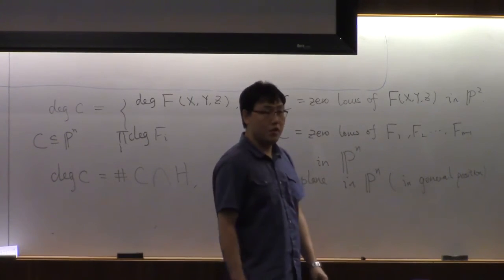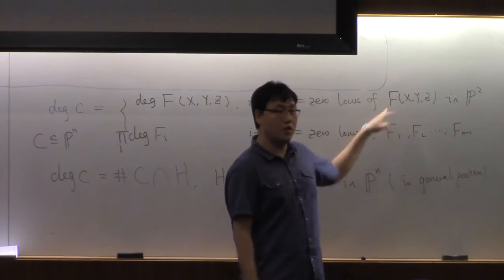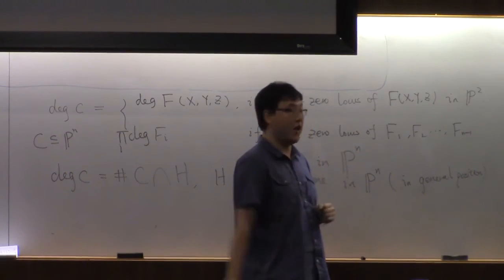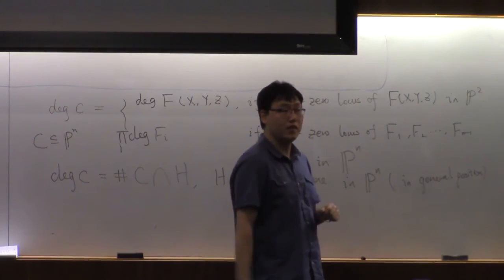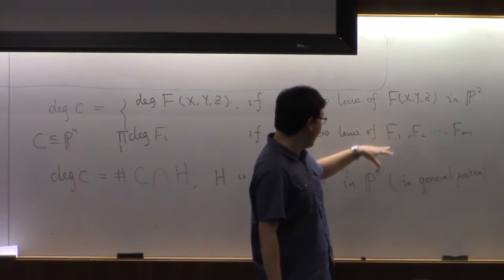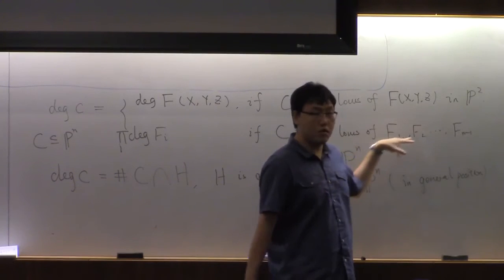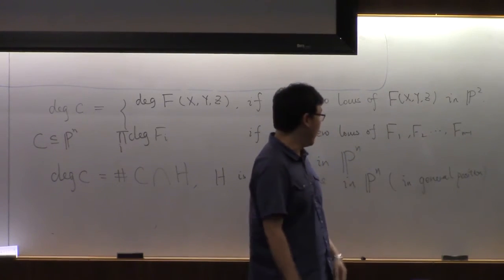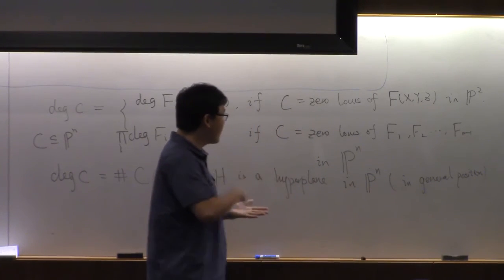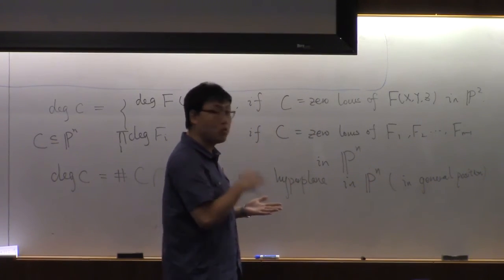If in Pn you consider the zero locus of a single polynomial, then in general the dimension is lower by 1. The key point here is that after you consider the zero locus of n-1 equations, the dimension is lower by at most n-1.